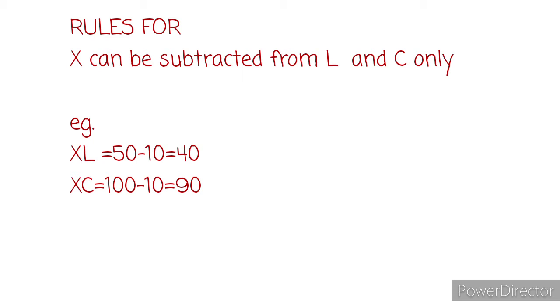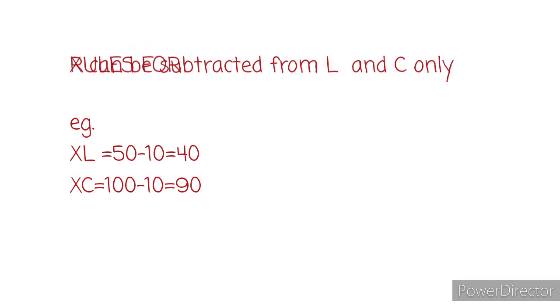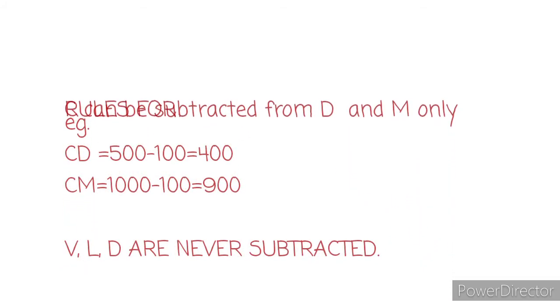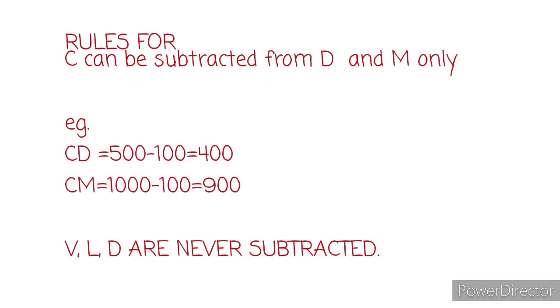The next rule is for C: C can be subtracted from D and M only. C represents 100, and it can be subtracted only from D and M, that is 500 and 1000. So CD represents 400 and CM represents 900. V, L, D are never subtracted.